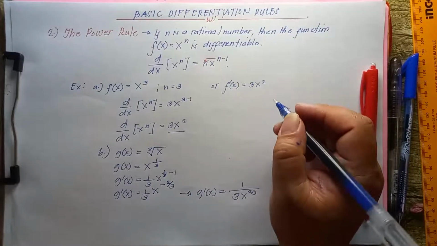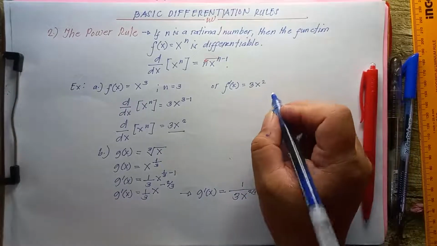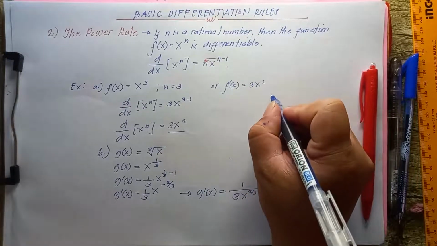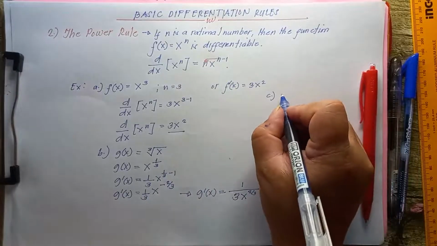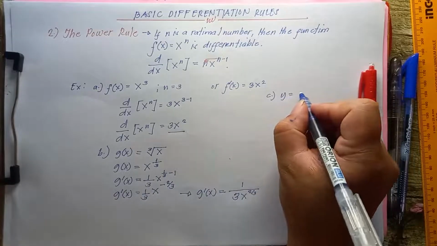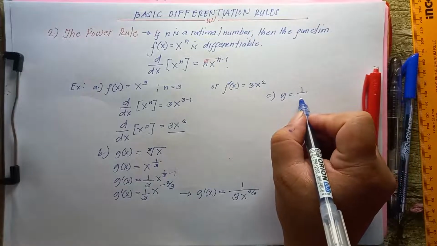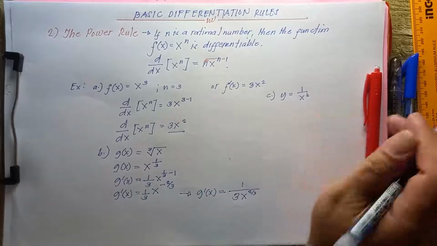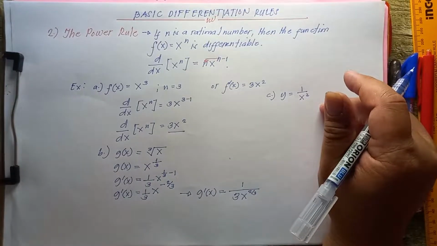Another example, let's say letter C. We have y is equal to 1 over x raised to 2. Now, how are we going to get the derivative of this one?